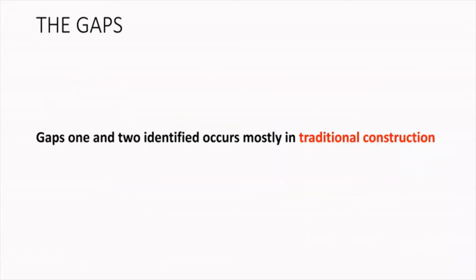Before we get to the problems, let's sum this up. Basically, gaps 1 and 2 mainly occur within traditional construction, because it's segmented, because there is no early involvement, and because the construction guidelines for legal purposes would not allow early intervention by other stakeholders, for example, the contractor's knowledge input.